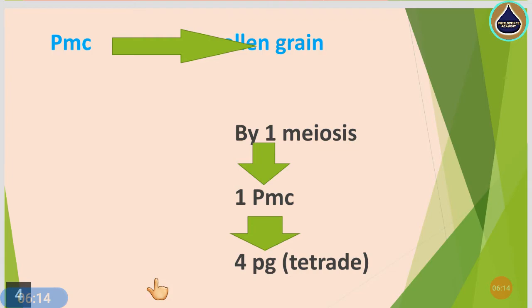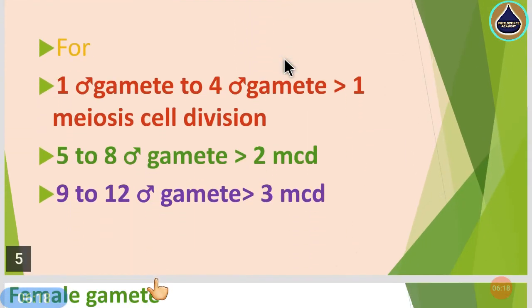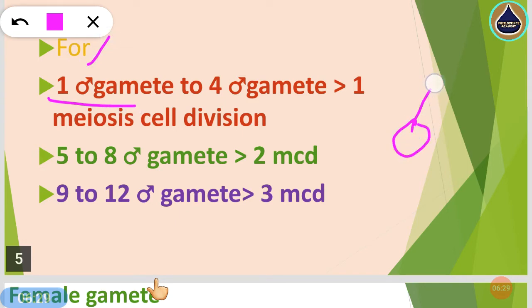So it is now clear that for 4 male gametes, this sign indicating maleness, as used in the science faculty, only one cell division is needed.